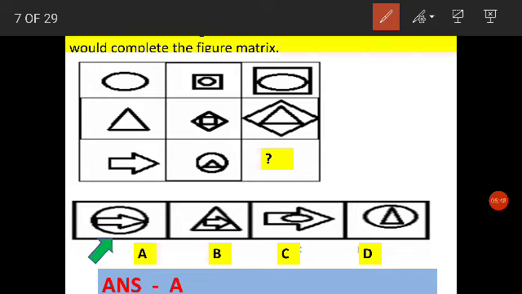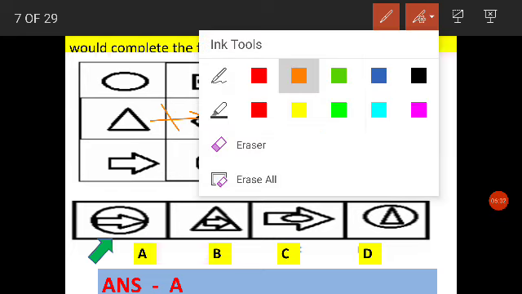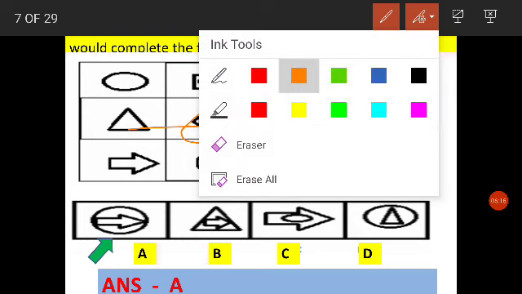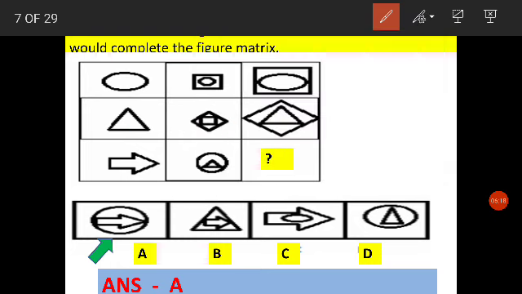Now here there is a triangle and a square. A triangle, then there is a diamond and a square, so there is no relation actually. But in the last figure you see the same triangle is repeating, and it is inside this diamond figure. So if you apply the same analogy in your answer, you should be looking for an arrow.